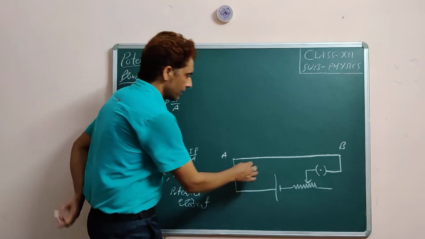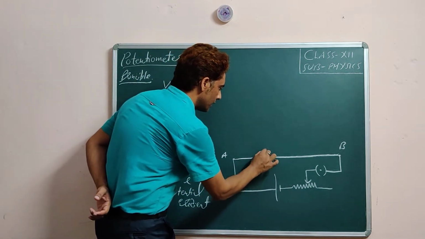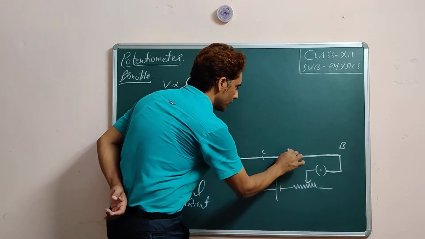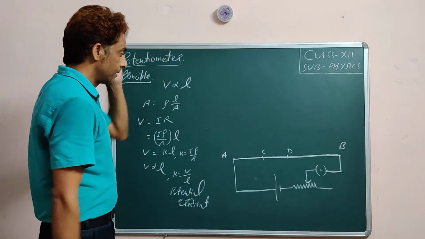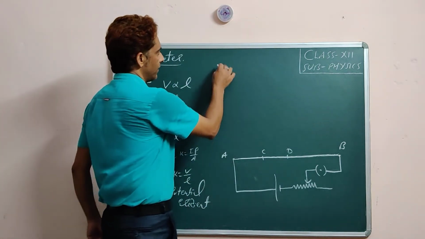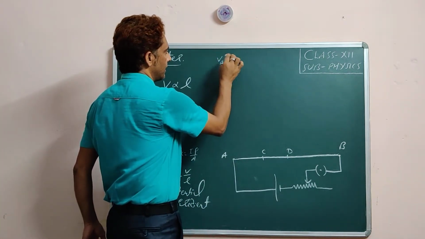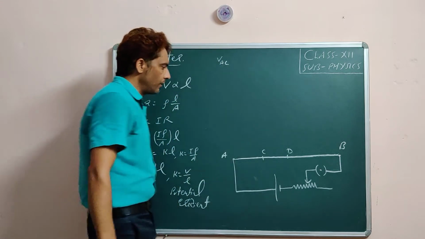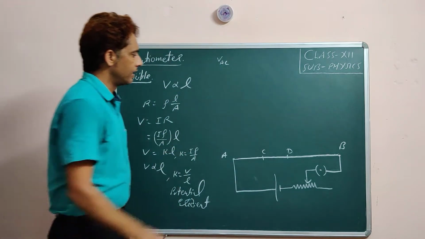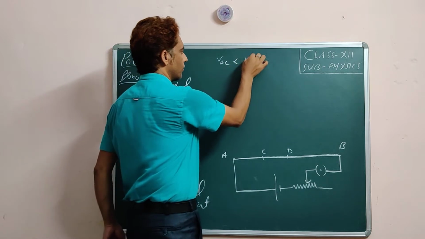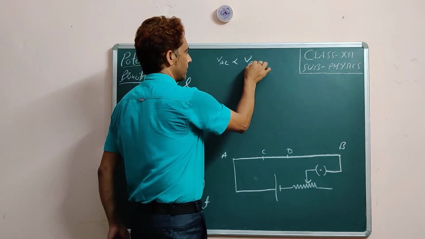Now if I consider this point C and this point D, then you can see here potential difference across AC will be less than the potential difference across AD.